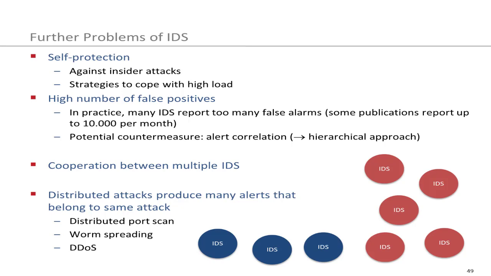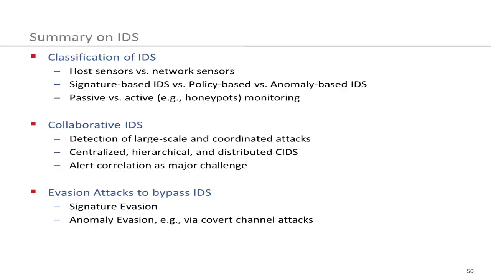So, there's a lot of content, I know. To sum up, you can apply a taxonomy to IDSs, so you can distinguish between host and network based or hybrid. You can distinguish between signature based, policy based, and anomaly based, and you can also distinguish between passive and active monitoring.